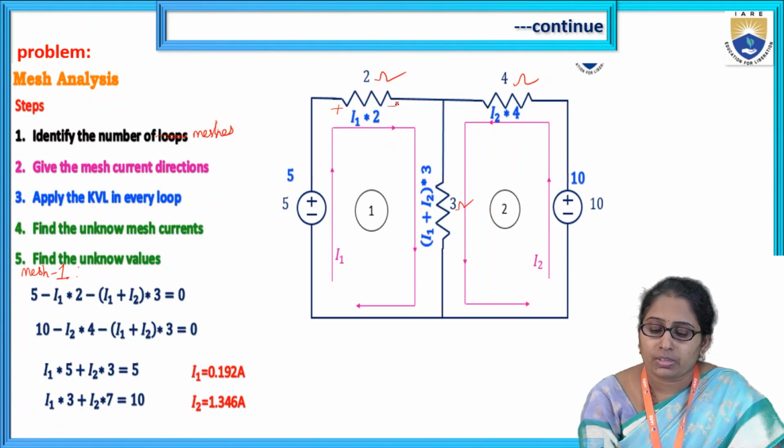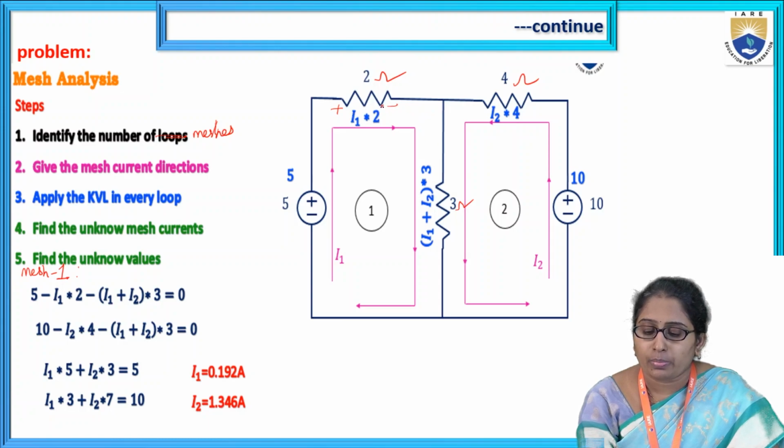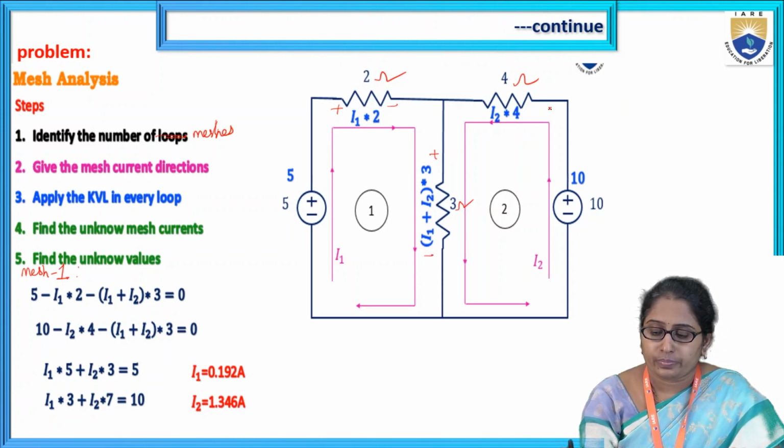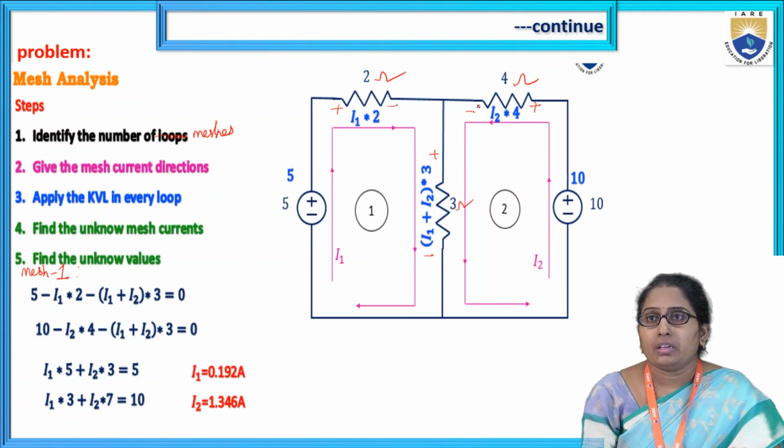Take the sign conventions: mark the voltage drop polarities for clarity. This 4 ohm resistor is connected to the battery plus terminal, so this side is plus and this is minus.